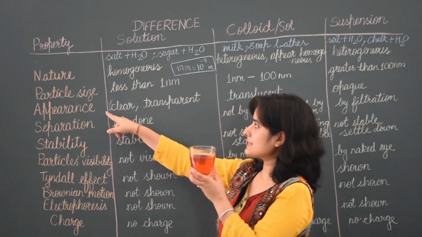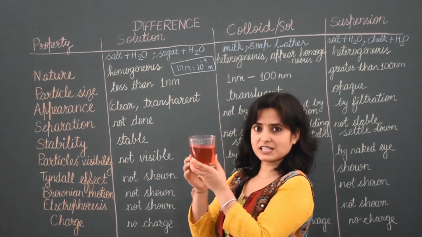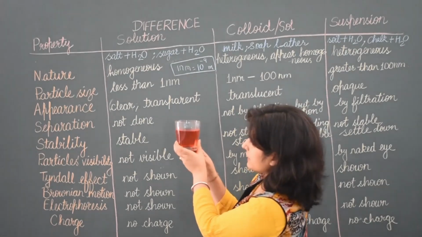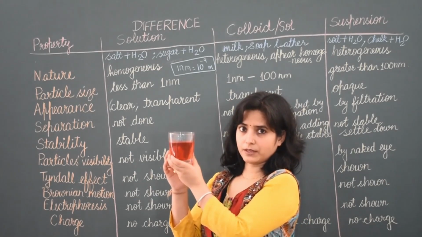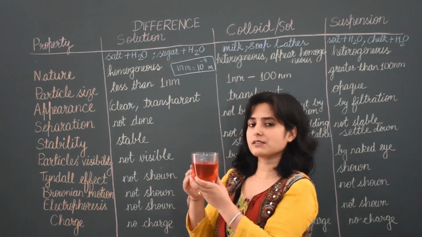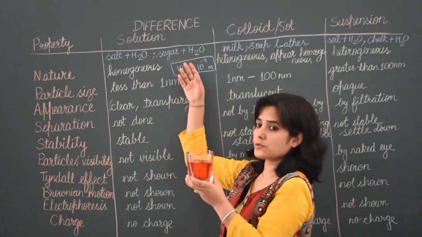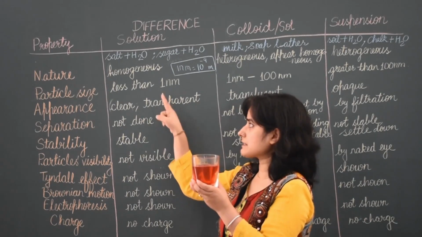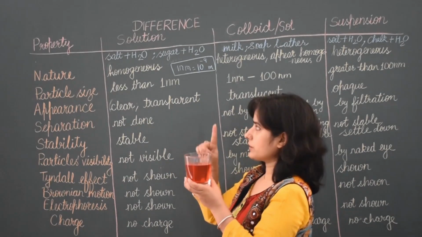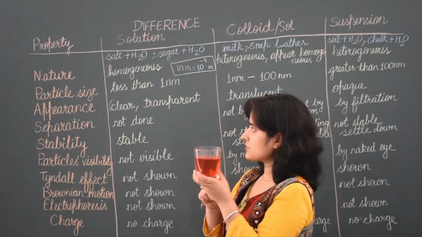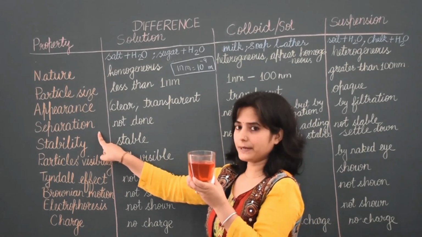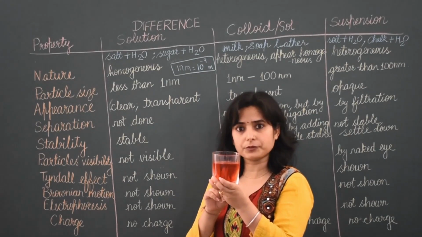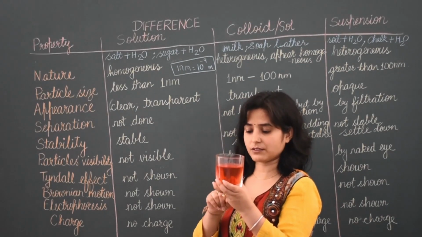Next, appearance. It is clear and transparent. You can see fingers here and even the board. At home also you can make this type of solution. You can take sugar, salt or any clear thing to make a solution and then study these properties. Okay. So this is a clear and transparent solution. Separation. Separation means how can we separate the particles of these two, water and this juice?